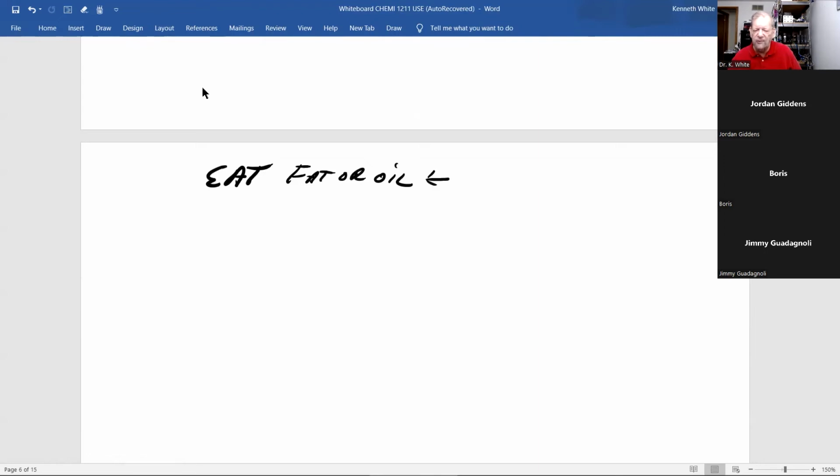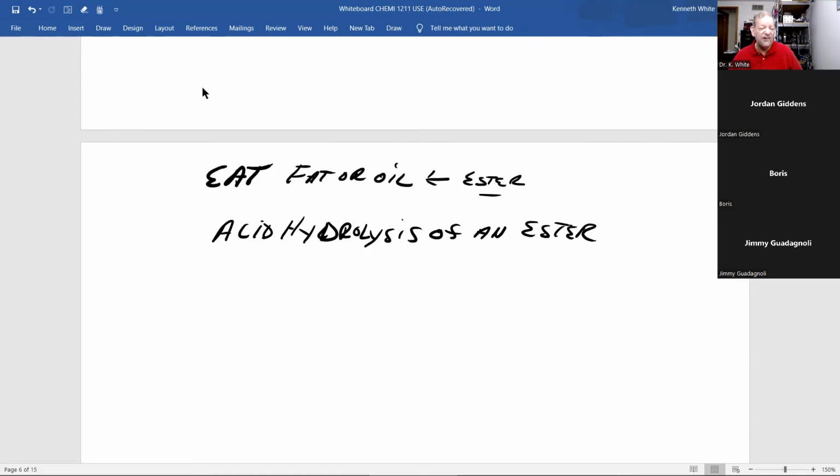What functional group is in a fat or oil? The answer is an ester. Therefore, this is acid hydrolysis of an ester.